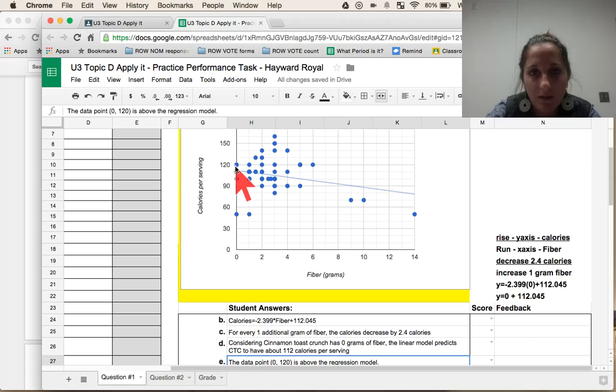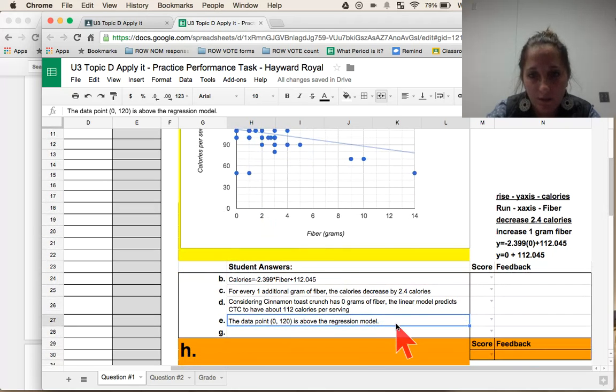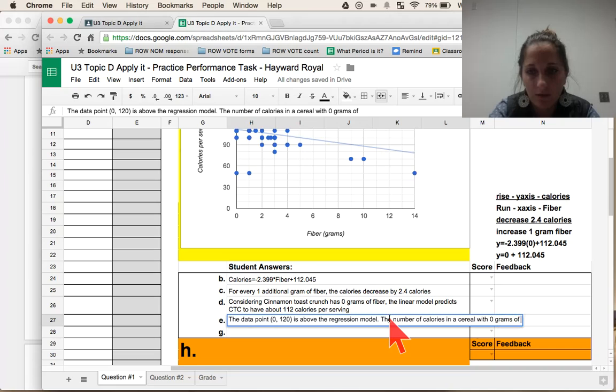Specifically, the number of calories in a cereal with 0 grams of fiber was more than what the model predicted.